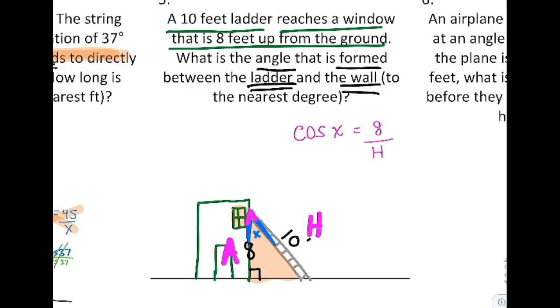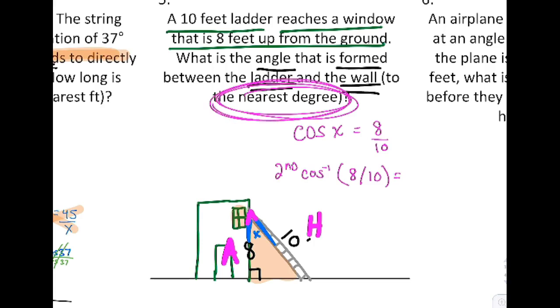And when you're looking for an angle, you hit the second key. So second cosine, which opens up the inverse, 8 over 10. So you type in second cosine 8 over 10, and I won't put the answer there because I want you to figure it out. But whatever the calculator says, round it off to the nearest whole number because it says nearest degree.